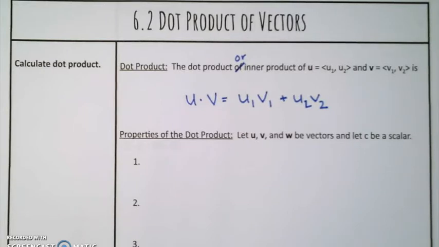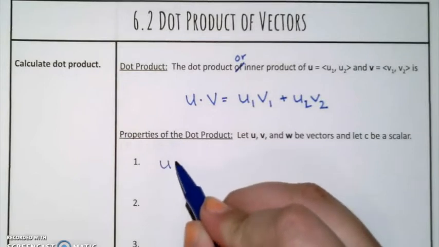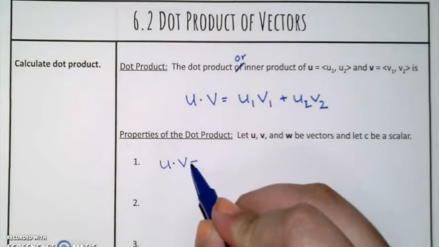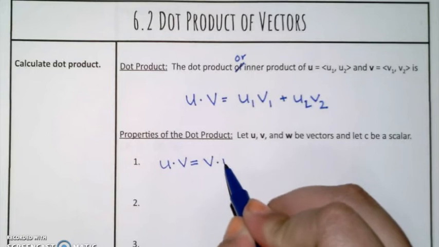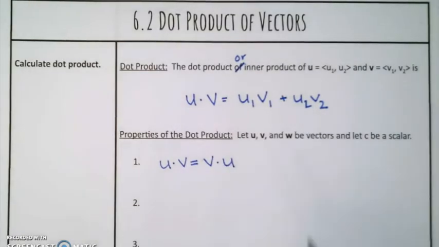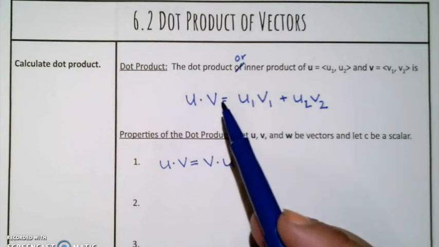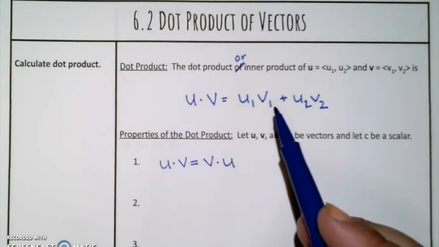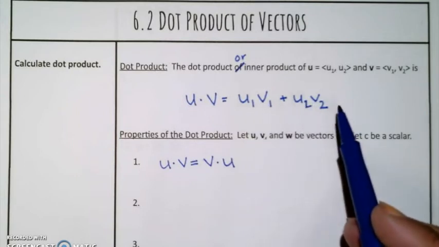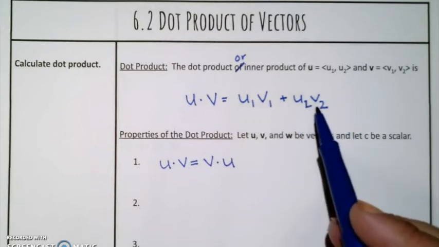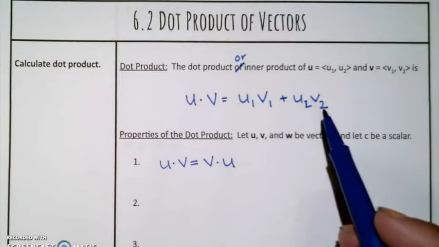Okay, so there are some properties of dot product that we can look at. The first property is that u dot v is the same as v dot u, and this works similar to the commutative property of multiplication. If we had switched v dot u, it would be v1 times u1 plus v2 times u2, so it would be the exact same value.